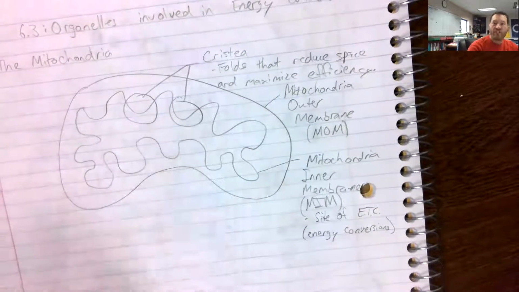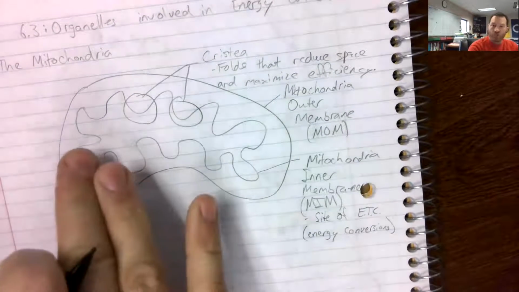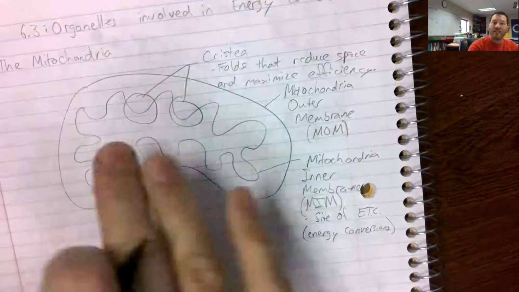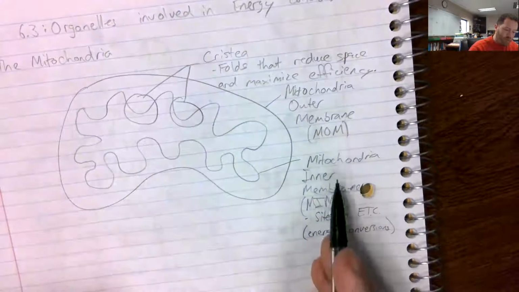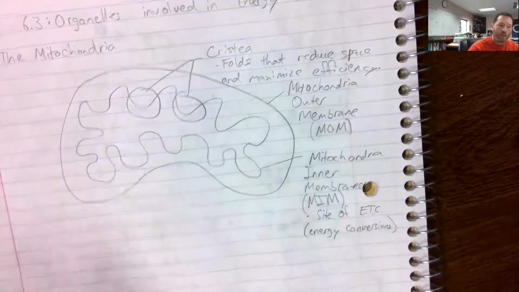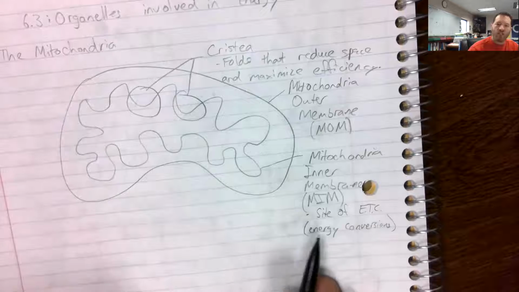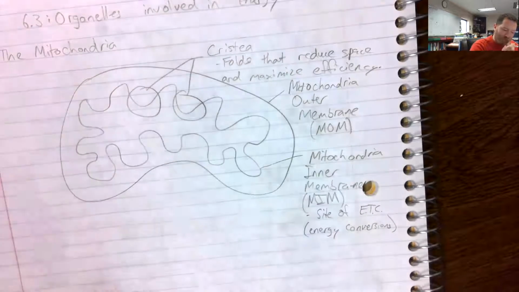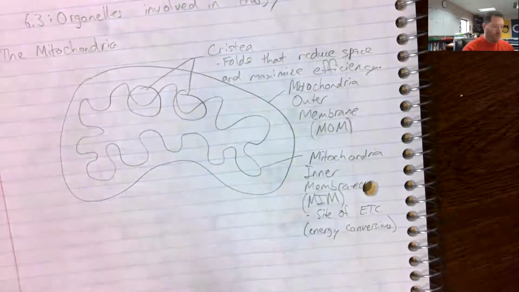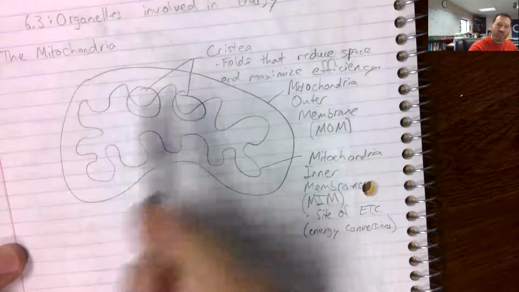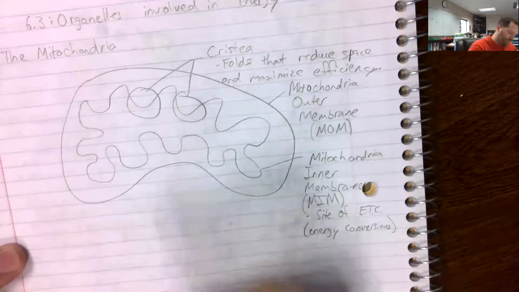So it's these cristae, these folds, that are there to reduce space and maximize efficiency. By going back and forth, remember the inner membrane is where the magic happens, where we're converting energy. So we can save some space and maximize our efficiency inside the mitochondria.